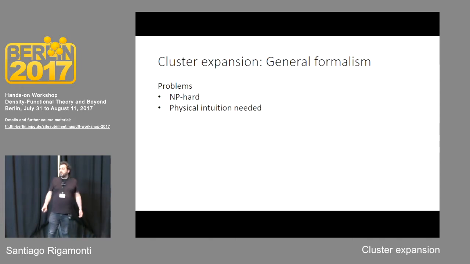But there is a problem here, because usually the number of clusters is very large, and testing every possible set of different clusters is what is called an NP-hard problem that cannot be solved in polynomial time.